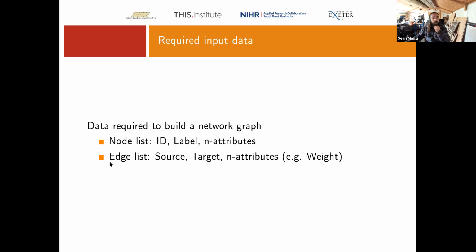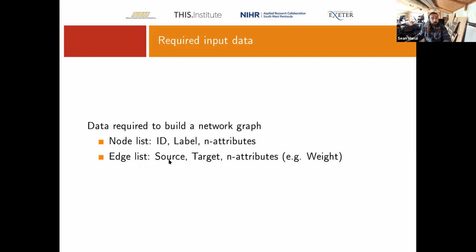Then, in addition to this node list, we need to create an edge list as well. The edge list consists of two key pieces of information: the source node and the target node. So this is where the edge is going from, the source, and to, the target.